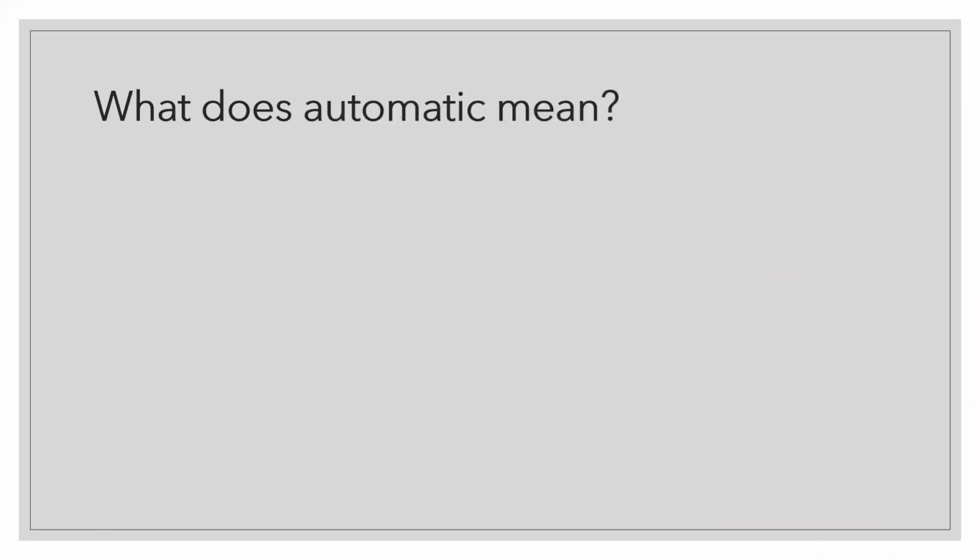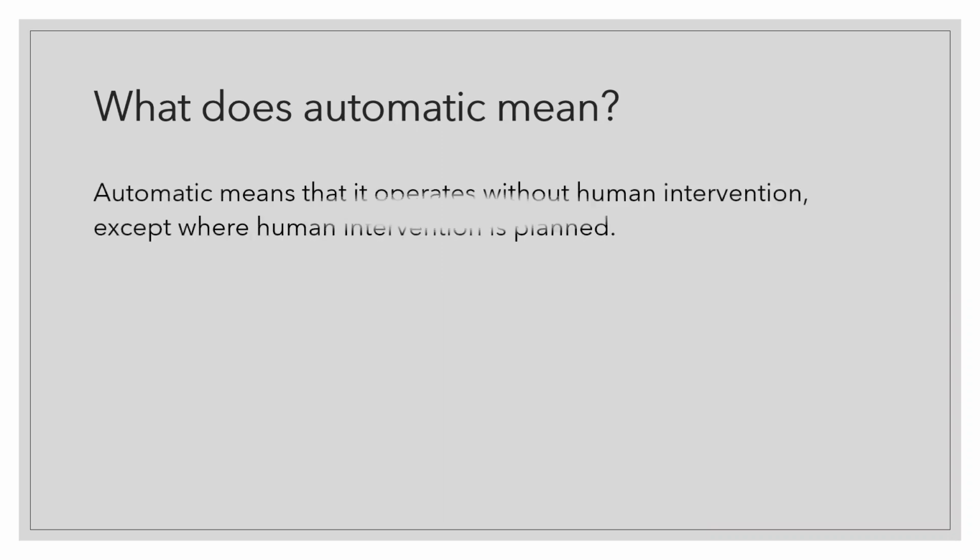Okay, next. What does automatic mean? Automatic means that it operates without human intervention, except where human intervention is planned. Something that is automated.